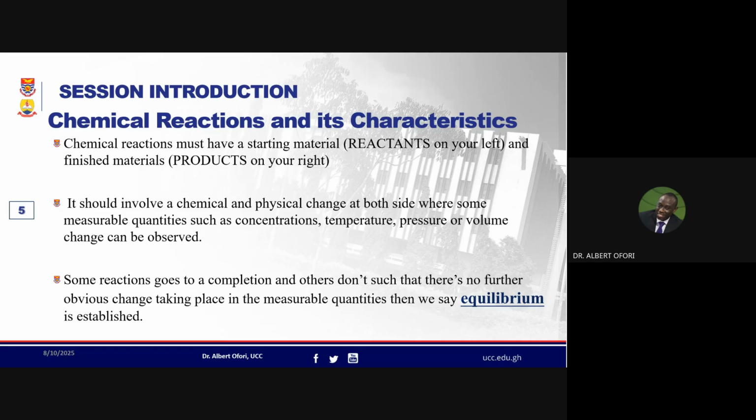So we have other kinds of factors which we consider. For example, I will take concentration. Of course, I'll be able to know the concentration which I'm starting with. Now, ordinarily, once I start the reaction, the concentration of the reactant should be decreasing. Why? Because it is decreasing to form a product.